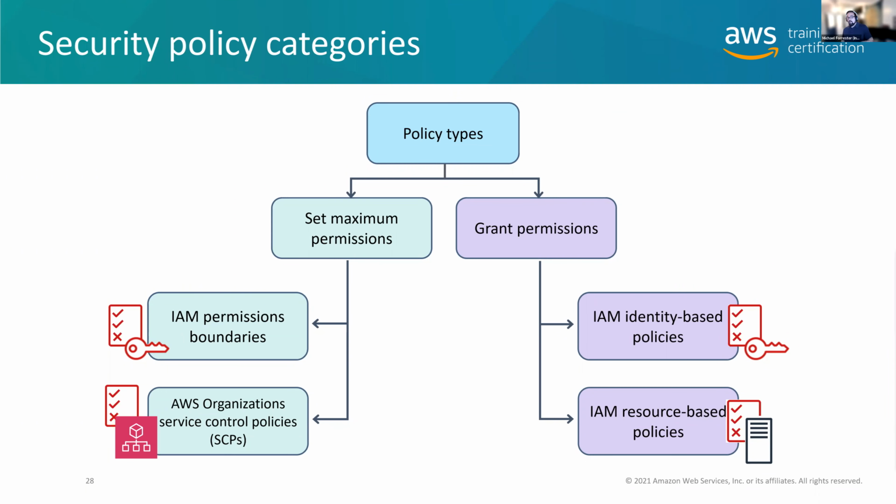If you want to set maximum permissions, you could go in and deny someone access to quantum computing in account one, or you could go up to the organization level and say, look, nobody in any of these accounts can touch quantum computing. Right? So just know that with identity-based policies and resource-based policies, you grant permissions, and with permissions boundaries and with SCPs, you can restrict permissions.